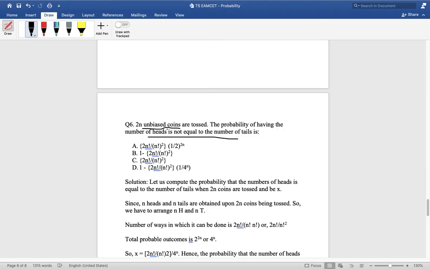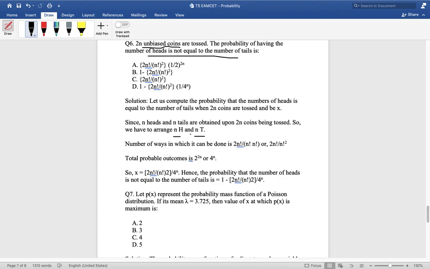Since there are 2n unbiased coins, the number of heads equal to the number of tails will be both n, right? So I have n heads and n tails, and they have to be arranged. Suppose n was 1, so two coin tosses, so 1 head and 1 tail had to be arranged.